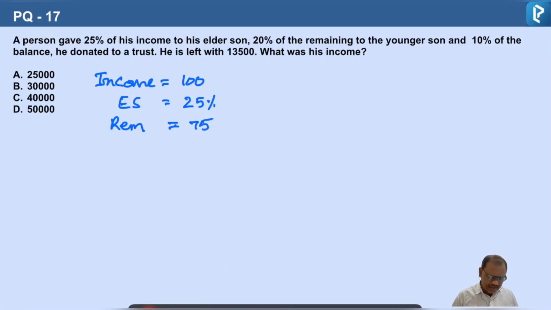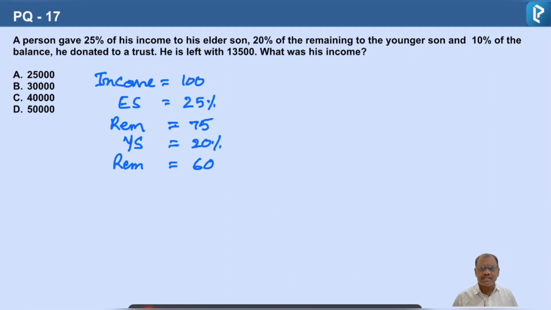Second transaction is younger son. He donated 20% to the younger son. So what is 20% of 75? 10% is 7.5. 20% is 7.5 into 2. That is 15. So if you subtract 15, the remaining is 75 minus 15, that is 60.